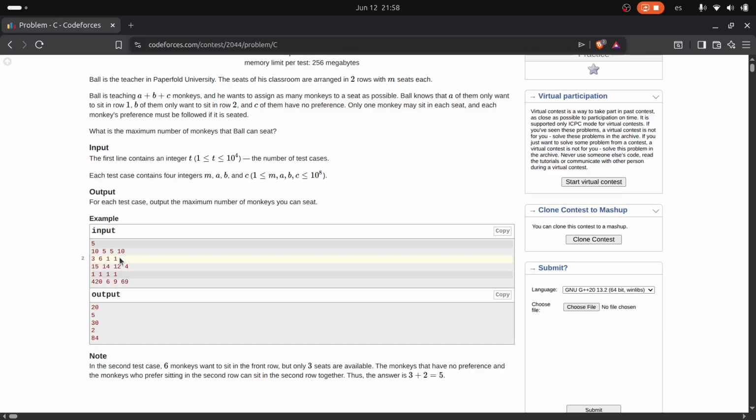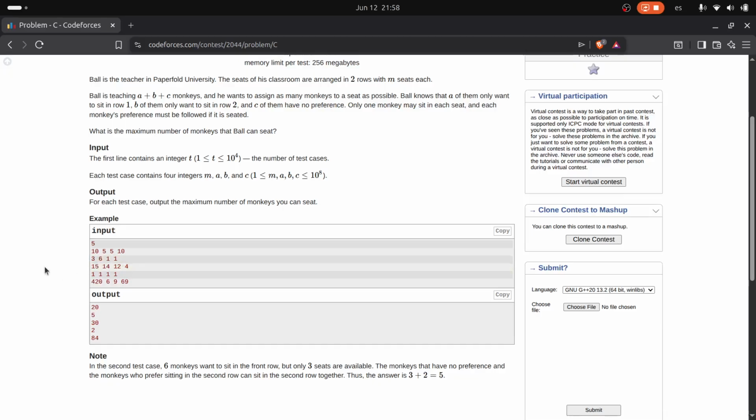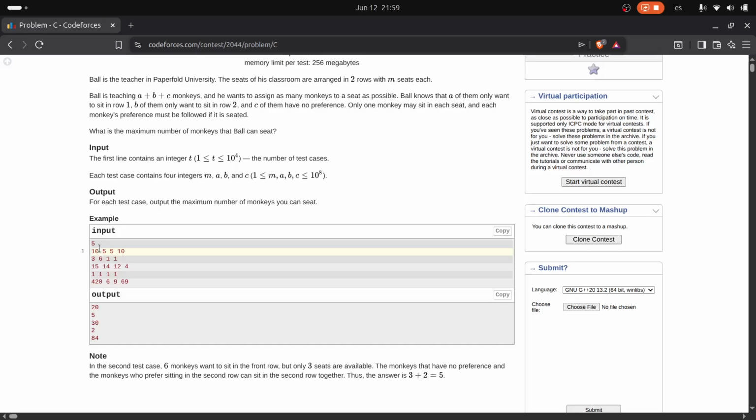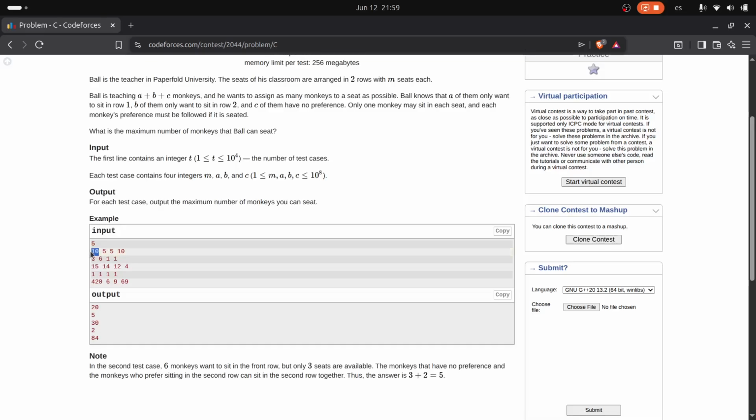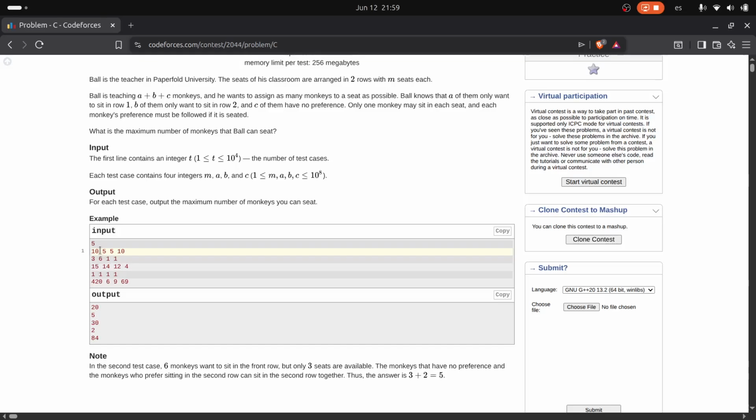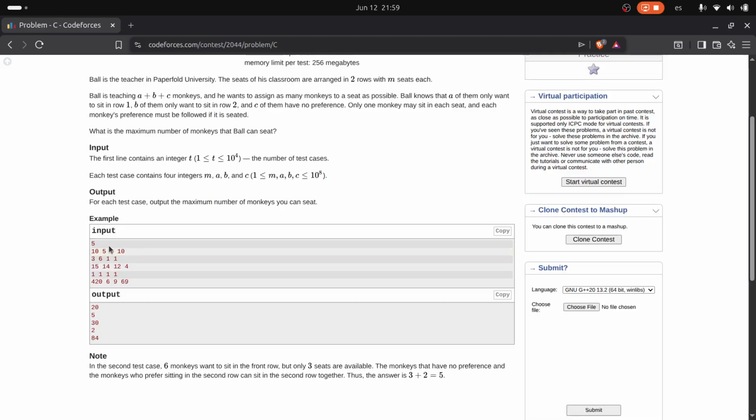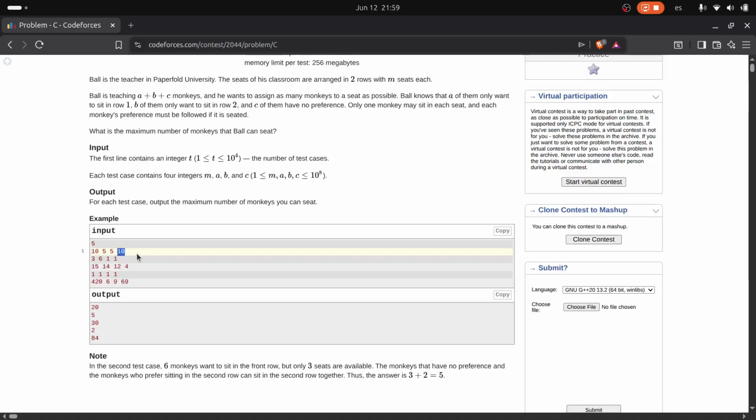We will look into the second one because it's also very interesting. But that's the main idea. We want to calculate the maximum number of monkeys that Val can seat, and we can do this by simply taking our total amount and then starting to subtract accordingly until we have a number of remaining seats, so to speak, and then we can see how much of those we can give away.